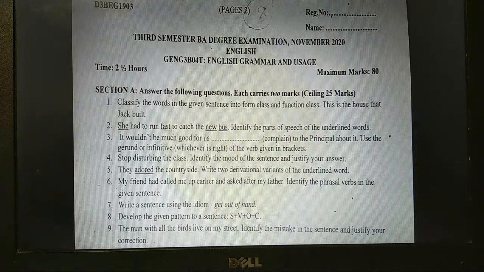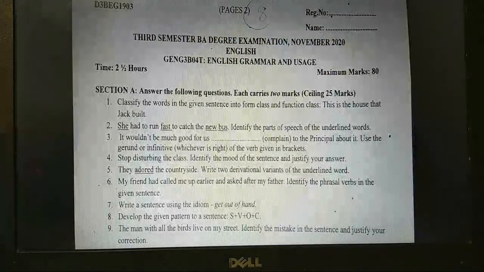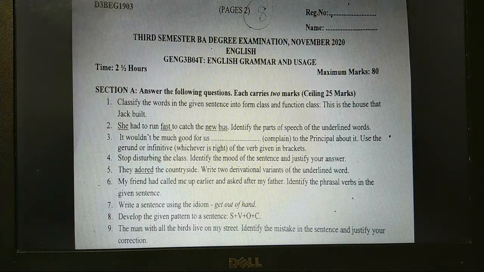You use this idiom in a sentence. Know the meaning of the idiom and make a sentence of your own. So here, get out of hand means to become difficult to control. So we are writing a sentence like, it was the end of the term and the children were getting a little out of hand.